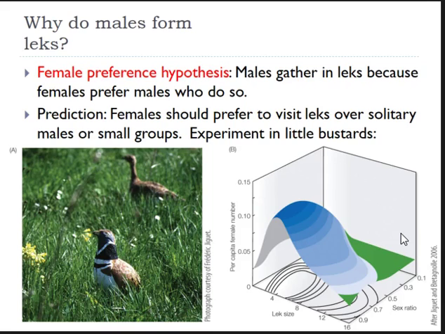So maybe it's kind of intermediate support, I feel like, for this explanation. But it is indicative that females have some sort of preference where they're more likely to gather in locations where there's numerous males, and they're particularly interested in evaluating multiple males at the same time. So that would drive this lekking behavior in these animals.